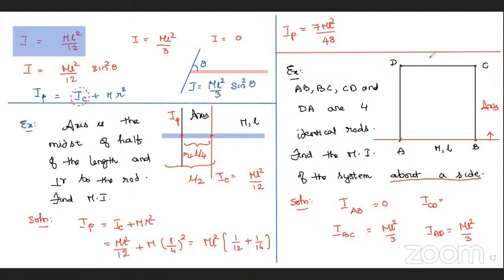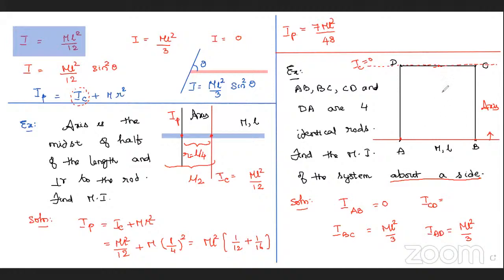Correct. Why? Because here, if you assume one axis passing through the center of the rod CD, then I about this axis you can say 0. Why? Because it is passing through the center and parallel to the length of the rod CD. But the axis is taken here.